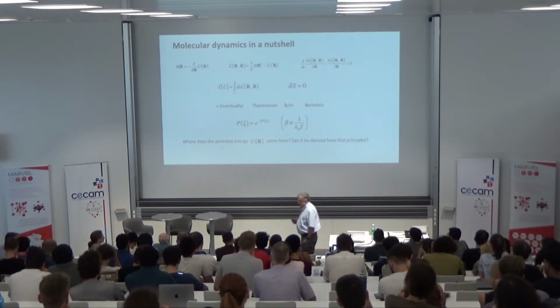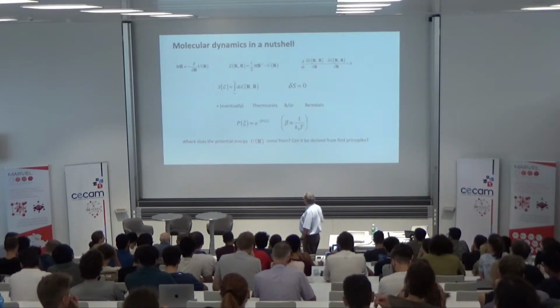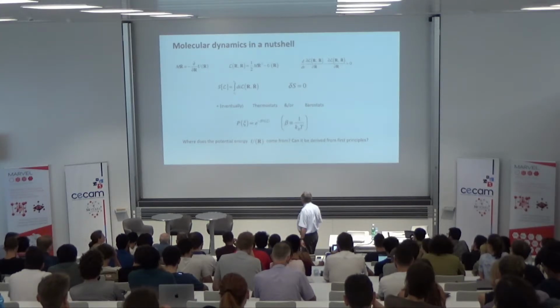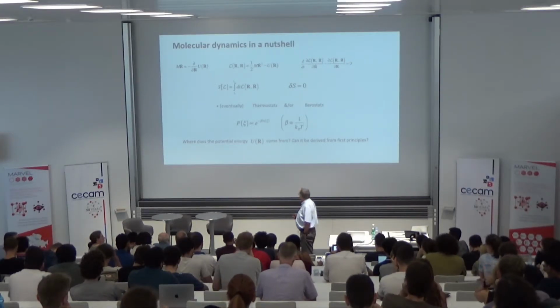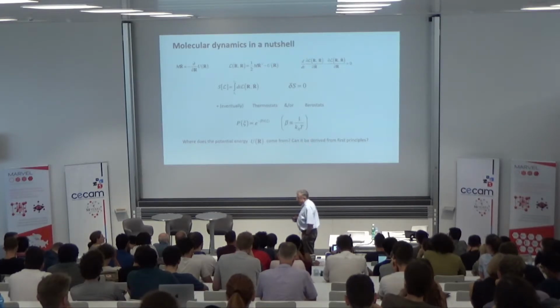Now, all that is very nice and wonderful, but where does the potential energy that we use in this equation come from? That was the question that Michele and I were asking in Trieste. Can that be derived from first principles?